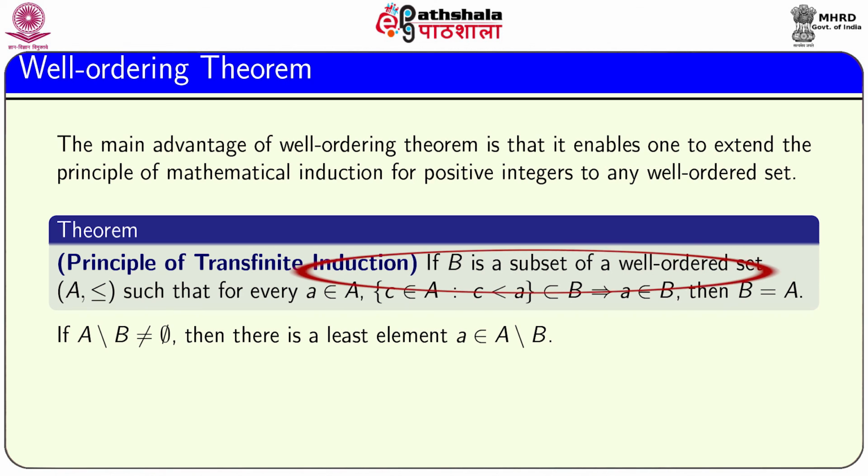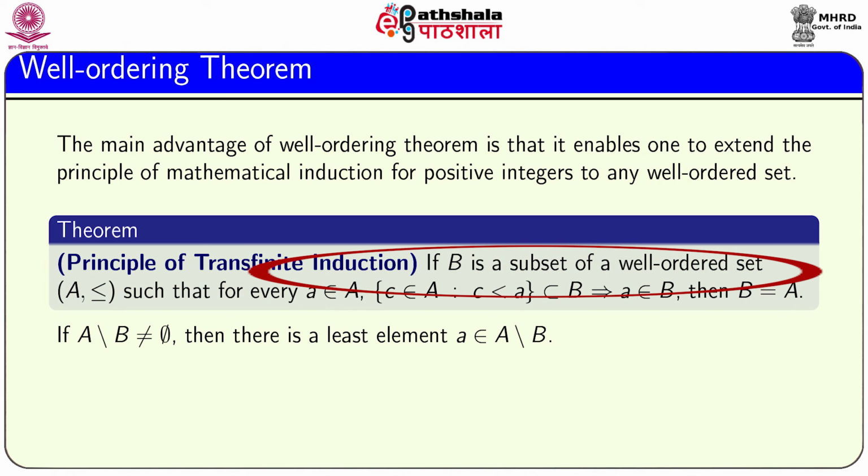So, we start with a subset B of a well ordered set A and, if possible, suppose A minus B is a non-empty set. If so, then there exists an element which is a least element of A minus B, and that is always the case because A minus B is a subset of A and A is well ordered.